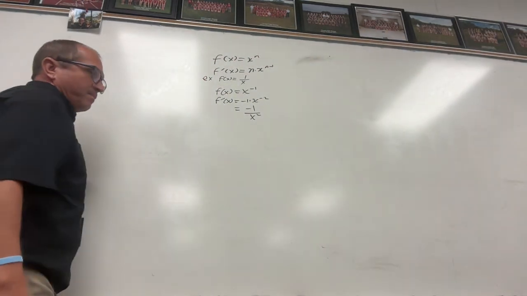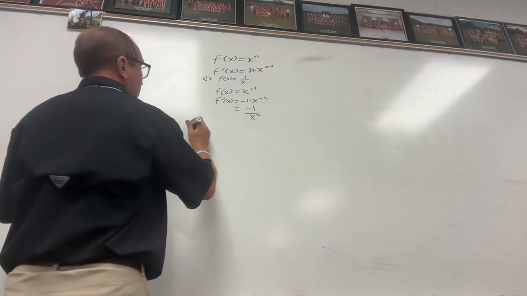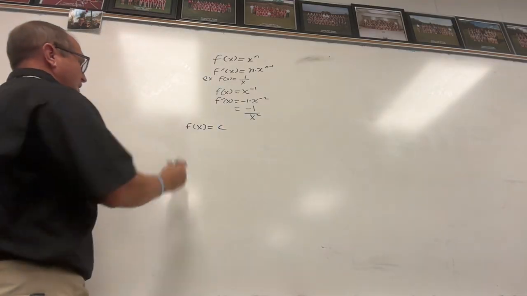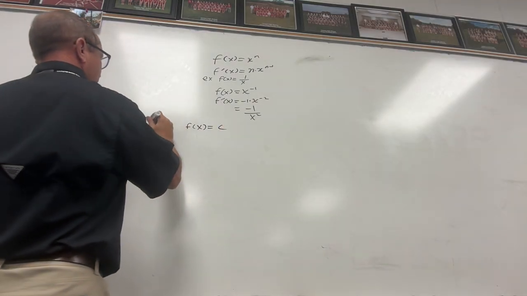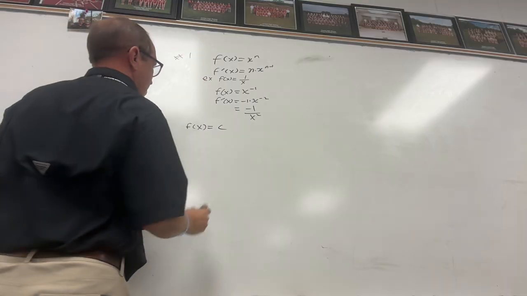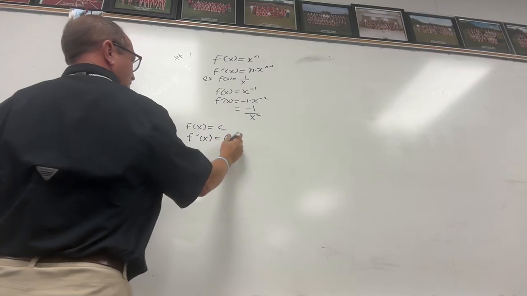the power rule. Now, the next shortcut is called the constant rule. So if f of x is equal to a constant, we'll just call this constant c, f prime of x is going to equal 0.